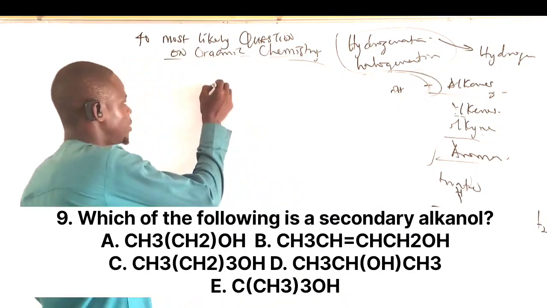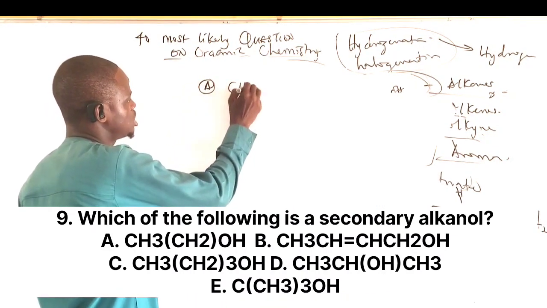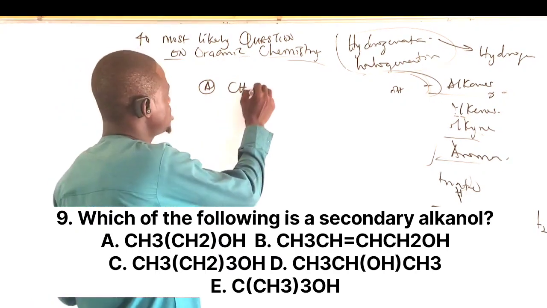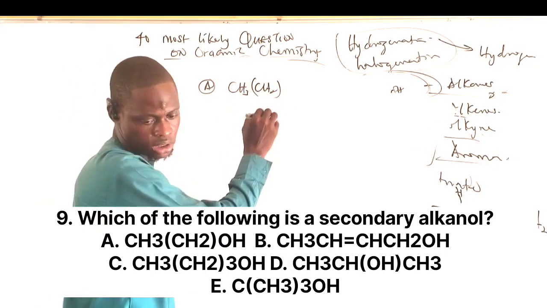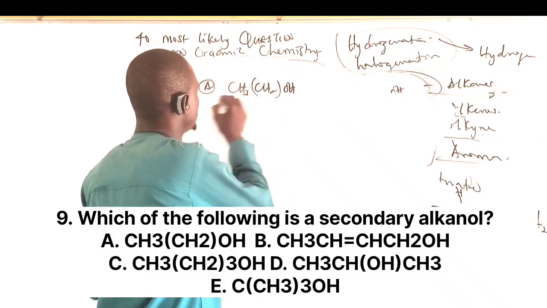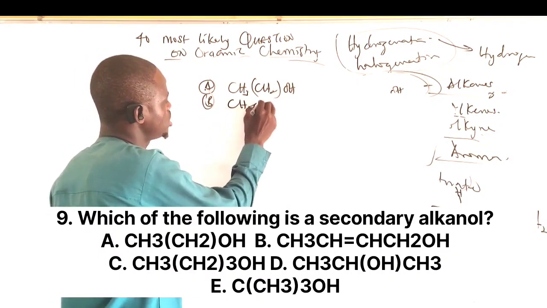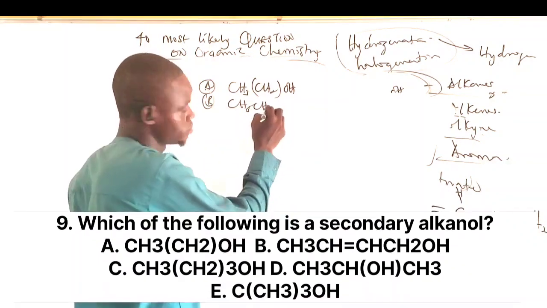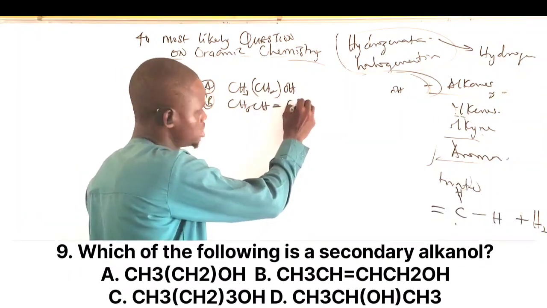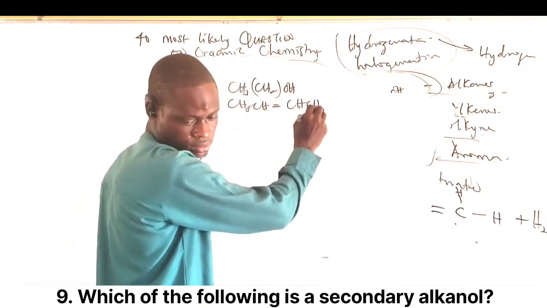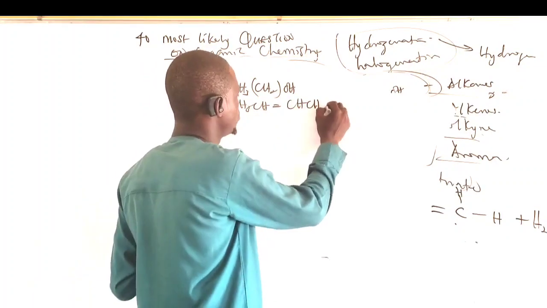We have option A, let me try to write it out. CH3CH2OH. Option B, CH3CH=CH2OH.